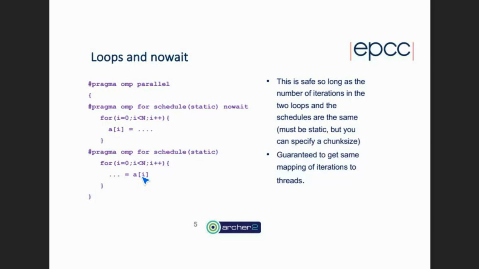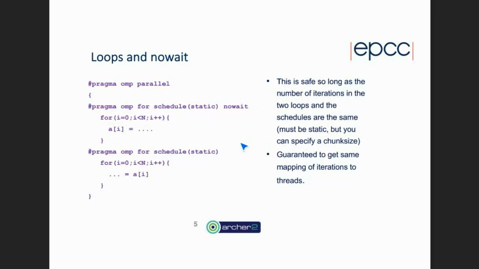And the answer is yes, provided the number of iterations in the loops is the same, and the schedules are the same, and they must be static, but they could be static with a chunk size.